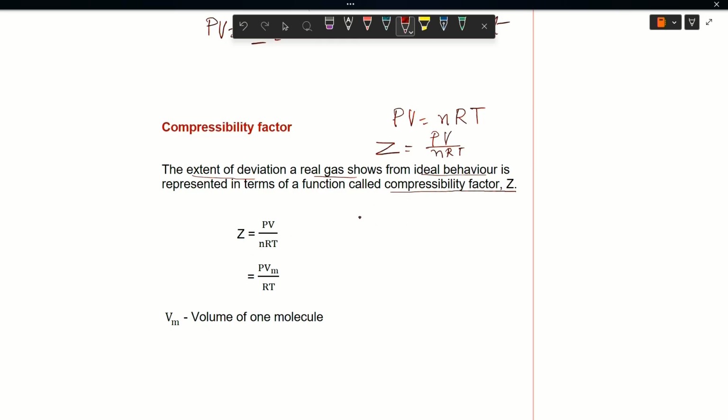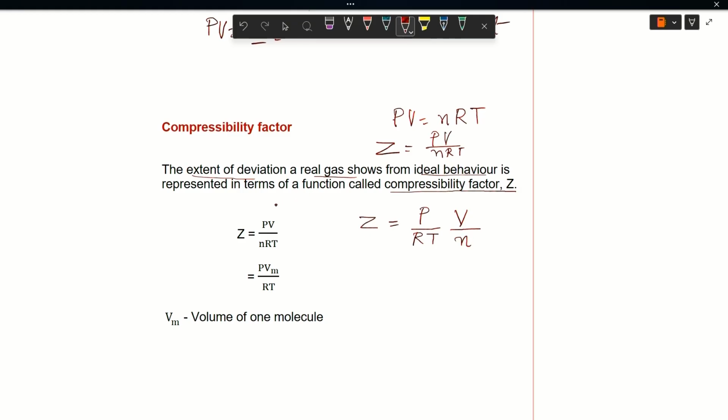Now, what we can do is Z is equal to P into, I am putting RT underneath, V divided by n.